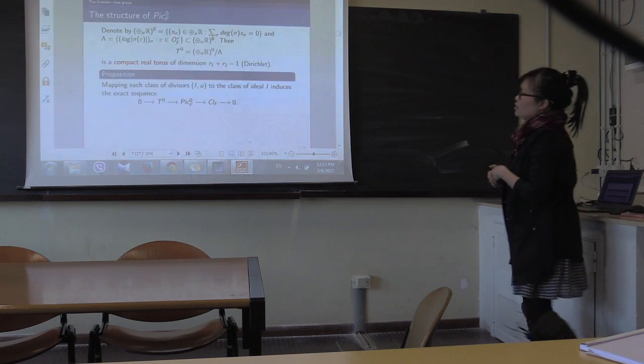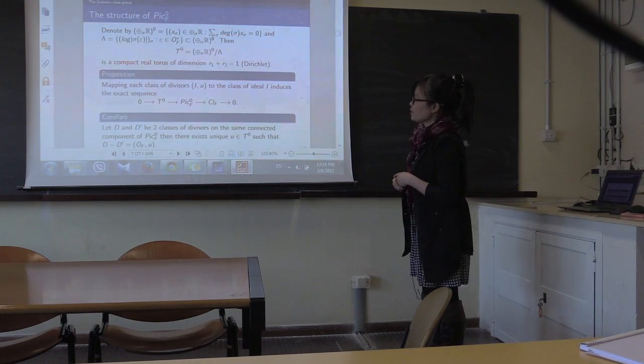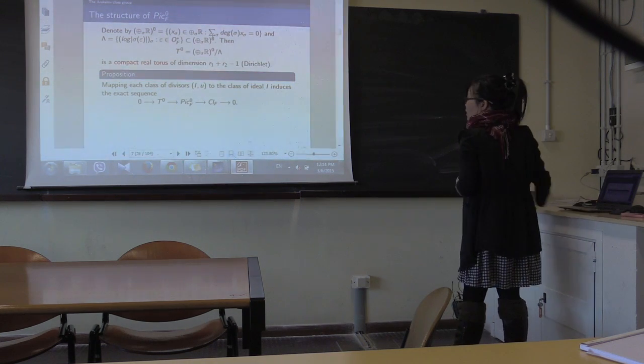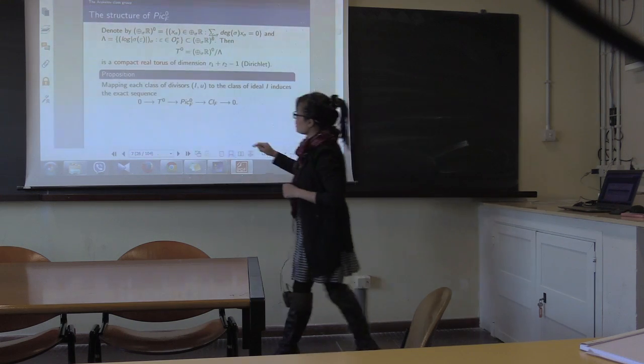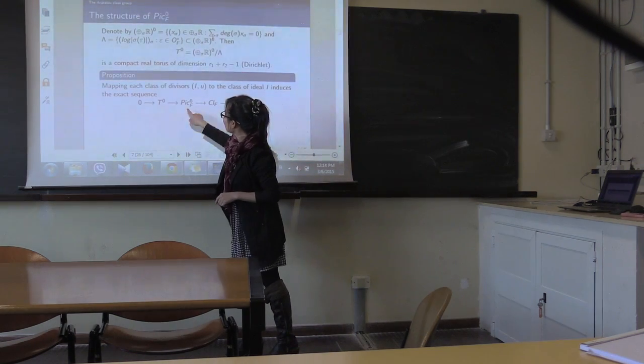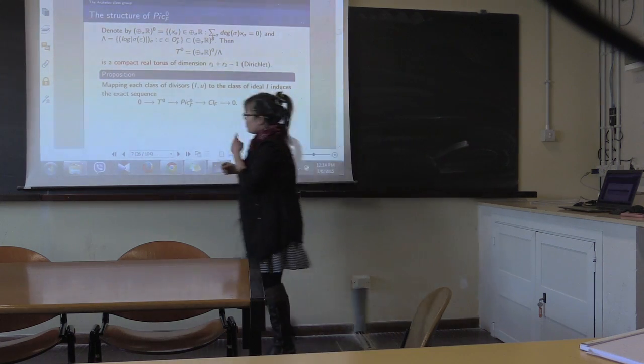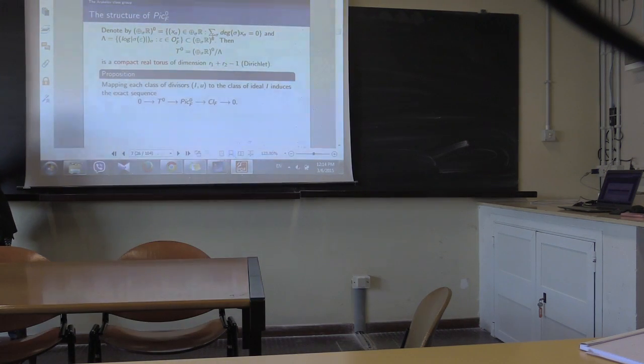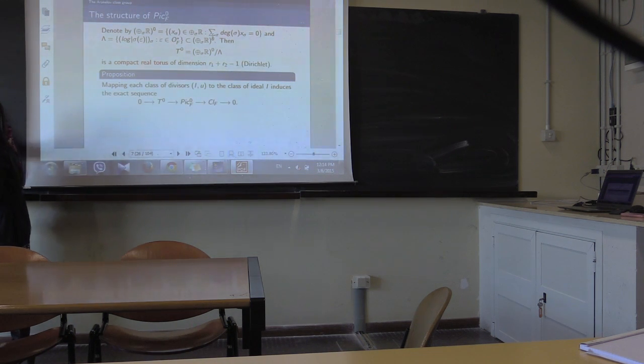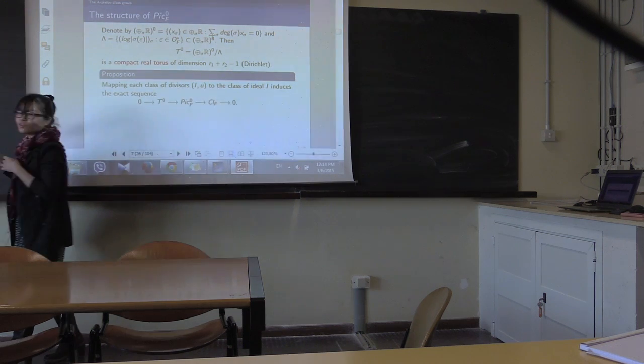And we have the exact sequence here. From T⁰ to Pic⁰(F), you take a vector u and it becomes the Arakelov divisor with the Hermitian line bundle O_F u.